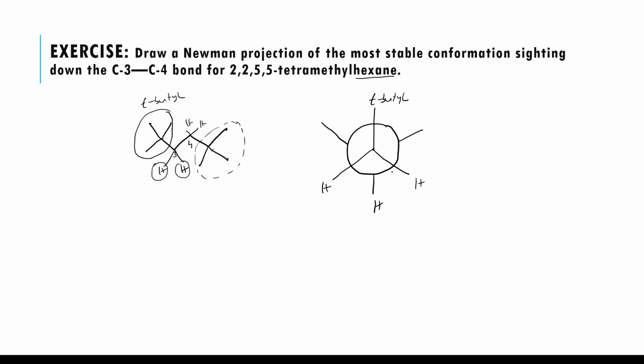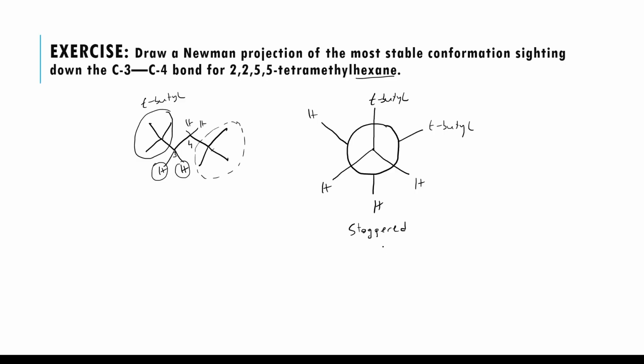When we have groups coming out of the back carbon, we should start from the circle, drawing them. So I will write t-butyl, hydrogen, and hydrogen. So this is one of the Newman projections of the conformers corresponding to this molecule, but it may not be the most stable one, even though this is a staggered conformer. It may not be the most stable staggered conformer.